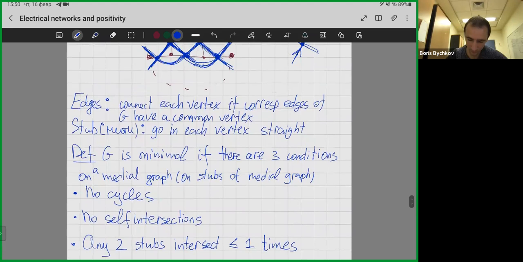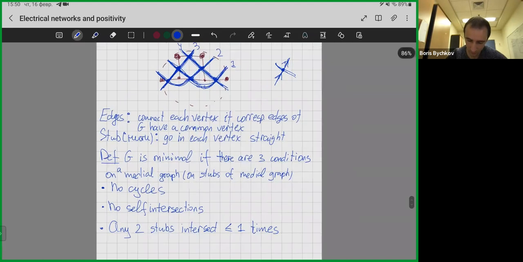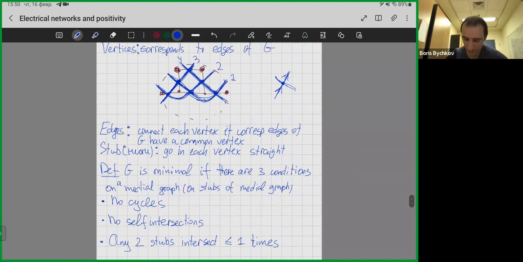So for example, here we have, I hope, an example of a minimal network. So no cycles in the medial graph, no self-intersections, and any two of these four stubs intersect only once.